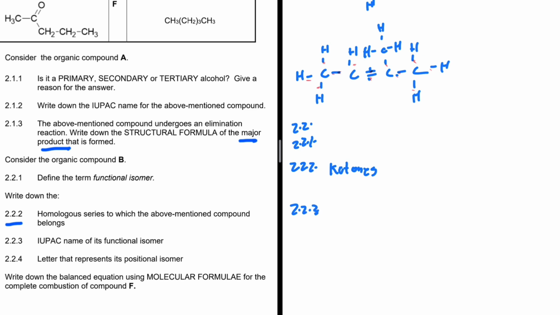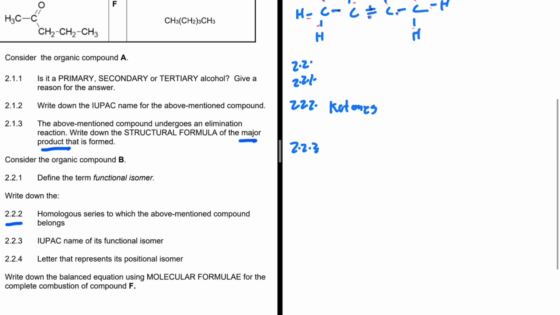Let's do 2.2.3. IUPAC name of its functional isomer. So the functional isomer of ketones is aldehydes, right? An aldehyde looks very similar to a ketone, but the only difference is that the double bond oxygen is at the end.